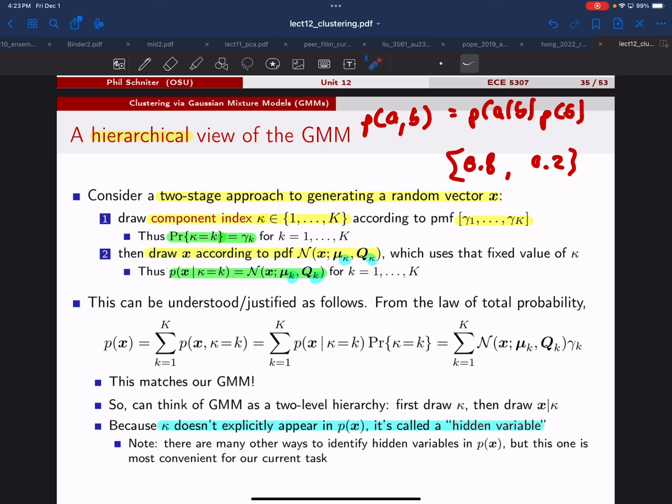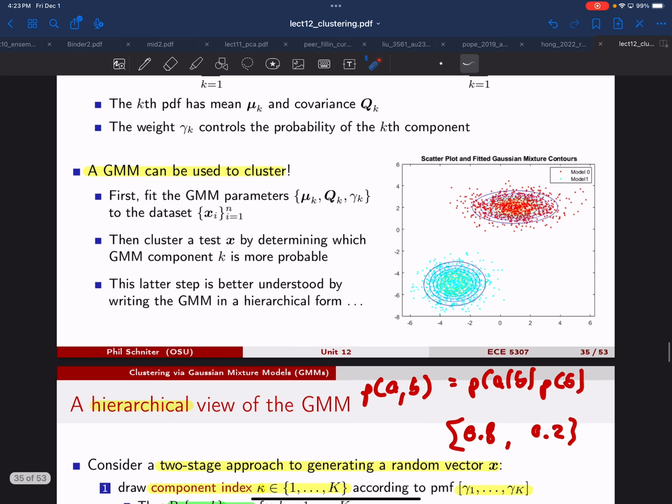And by doing this, we're making things easier for what we want to do later, because now kappa is really the information we're curious about for clustering. If I give you a point over here, you want to essentially compute the probability of kappa given that point x.